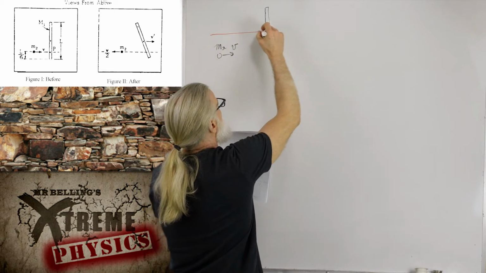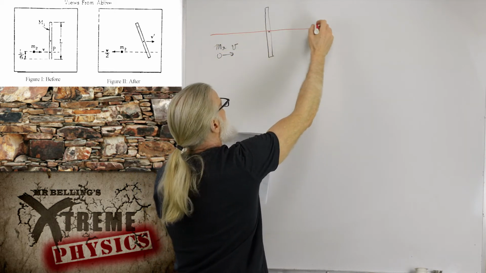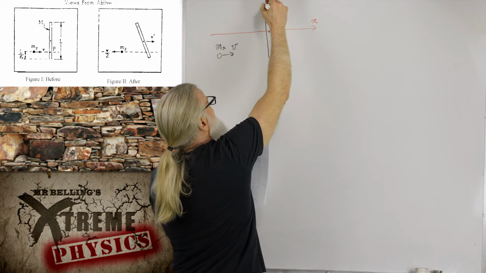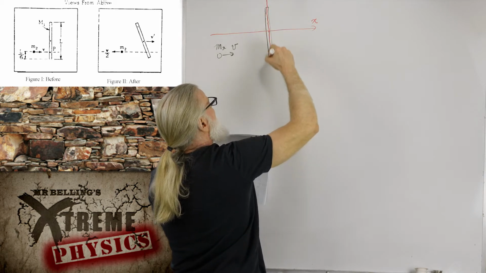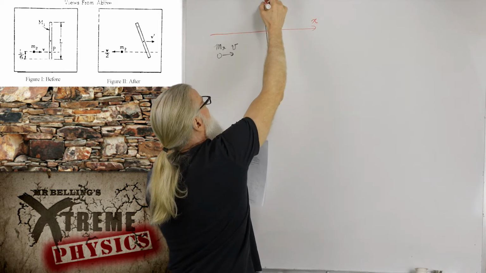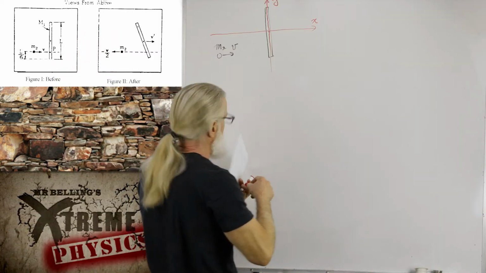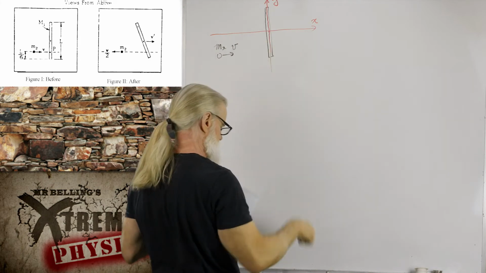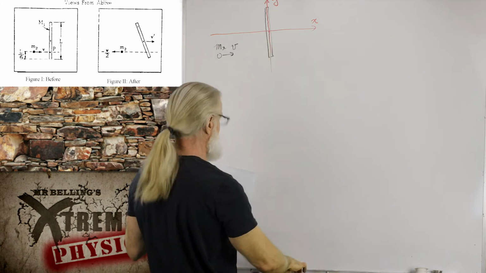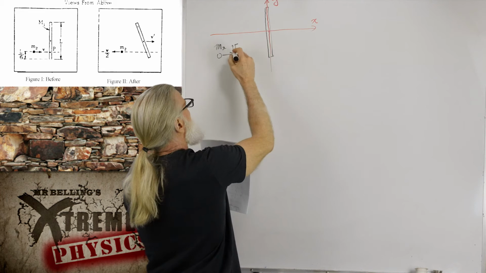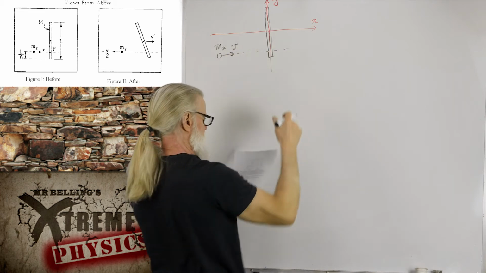There's going to be my x-axis, and there's my y-axis. Probably the top's going off, but that's okay. There's nothing interesting going on up there. All right, so there's my y-axis, here's my x-axis, and this thing's going to hit here.